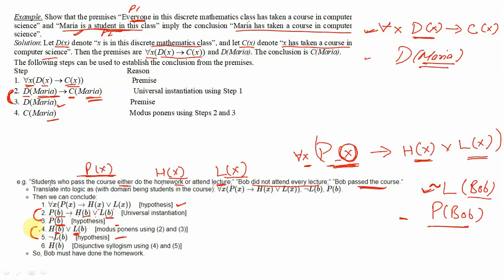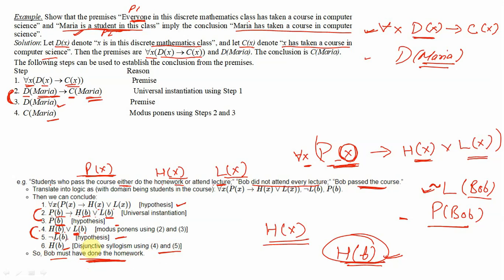So disjunctive syllogism. See, H of x was a predicate. H of Bob is a proposition. All the rules of inference that we have studied earlier will apply on the propositions. So if I say H Bob or L Bob and negation of L Bob, I can apply disjunctive syllogism to say H Bob. So that means Bob must have done the homework. This is the conclusion.